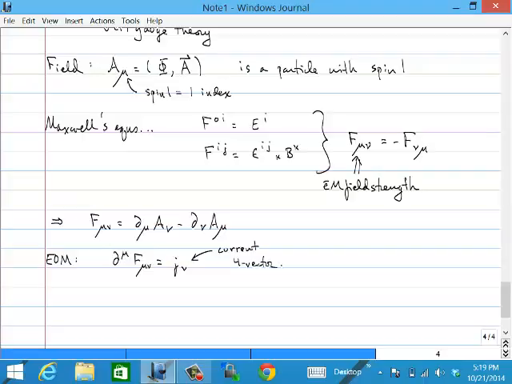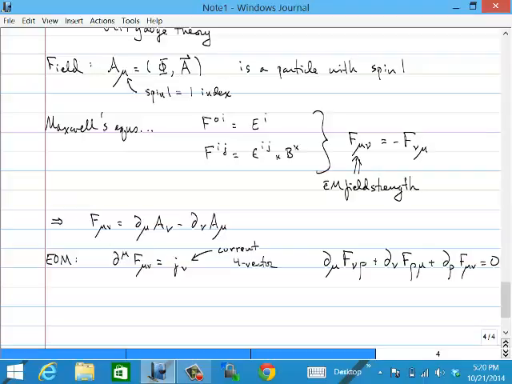And the other of Maxwell's equations says that if you just take the derivative of the electromagnetic field strength and antisymmetrize over all of the indices, then you get 0.